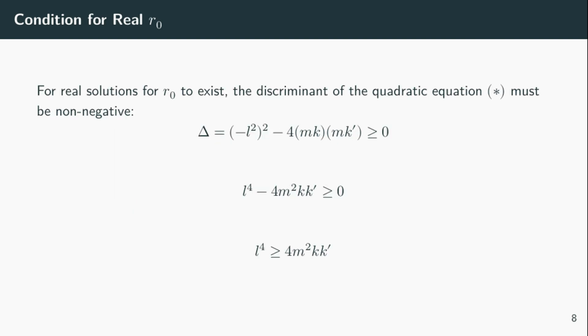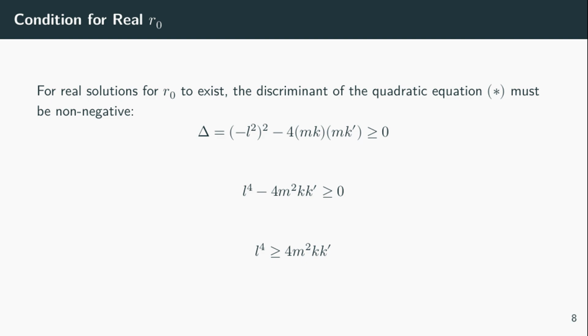For there to be real solutions for r0 from this quadratic equation star, the discriminant of the quadratic formula must be non-negative. The discriminant delta is b squared minus 4ac. In our case, a is mk, b is minus L squared, and c is mk prime. So delta equals minus L squared, all squared, minus 4 times m squared k k prime, and this must be greater than or equal to 0.